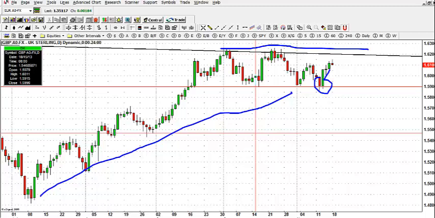A daily close below 159 would indicate that this market could be heading down. So things are pretty much balanced until we break out of this 159 to 162.50 consolidation area.